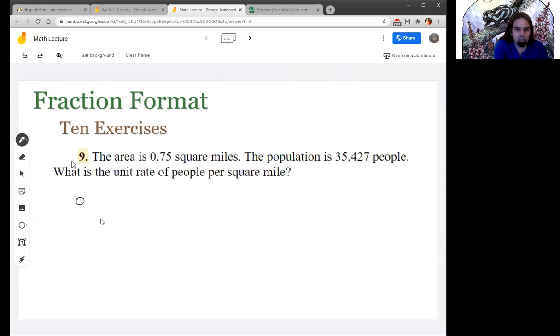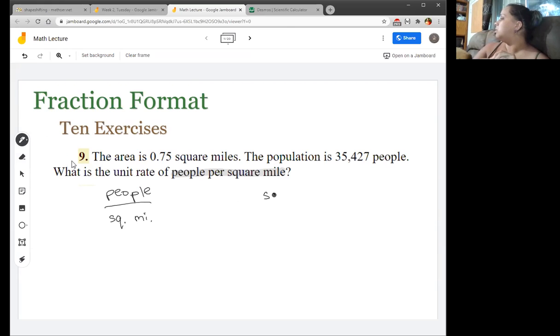So we have 0.75 square miles, and we have 35,427 people. Now we could write this wrong because it asks for a certain thing. It wants people per square mile. So which one of these is that? Do I want people on top and square mile on the bottom?